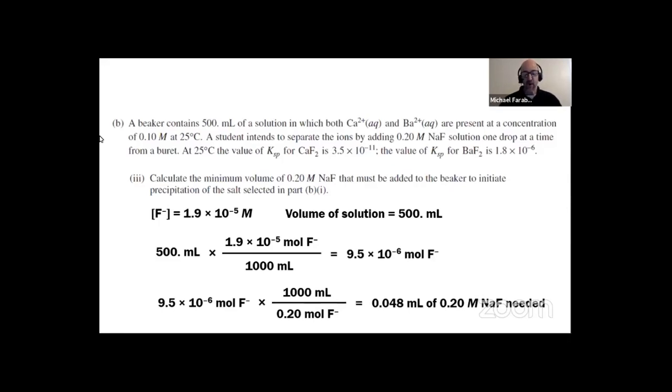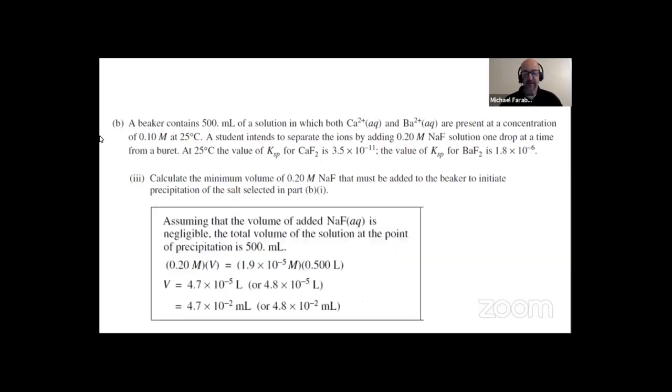So what I did was I multiplied volume times molarity to get moles, and the molarity was from Roman numeral 2 in this problem. Then I did moles divided by molarity, essentially, to get volume. In the official scoring guidelines, you'll see a slightly different approach to what I did, and they still get the same answer. They did M times V equals M times V, since the moles are not changing.